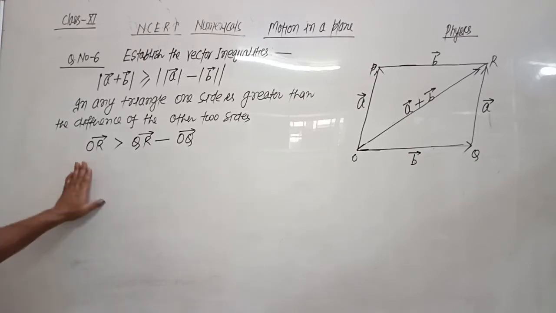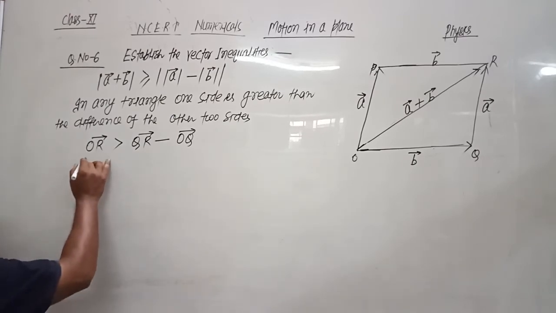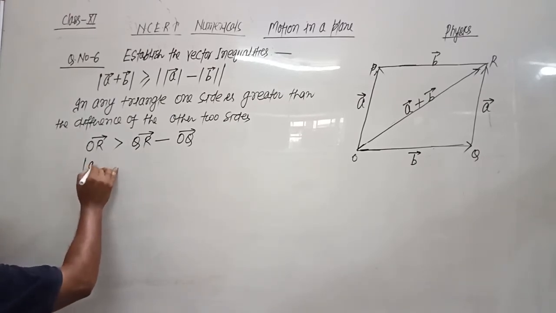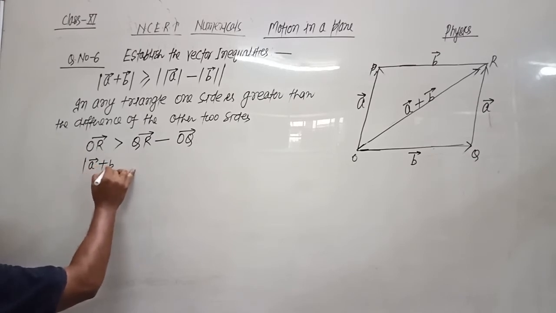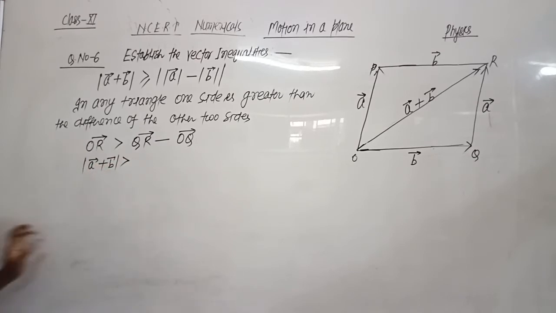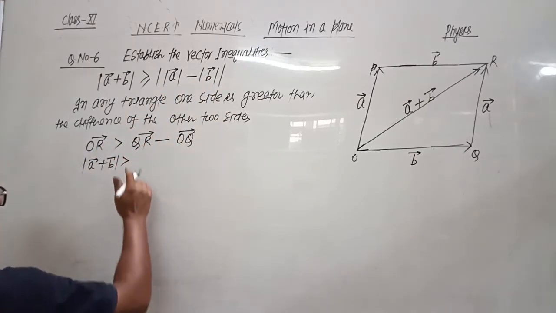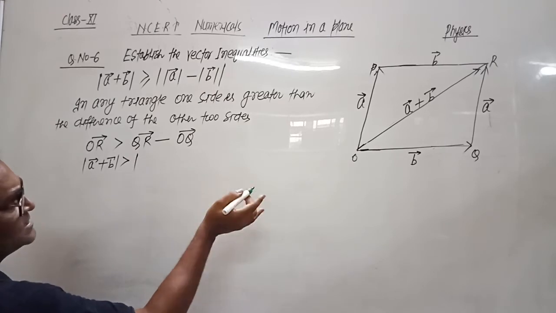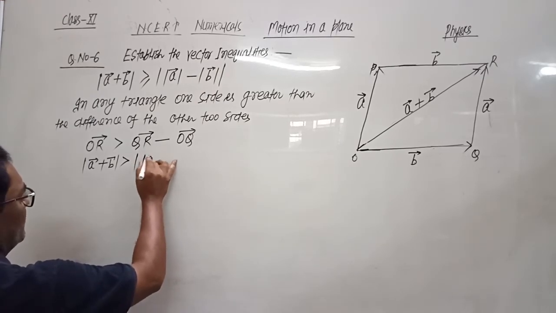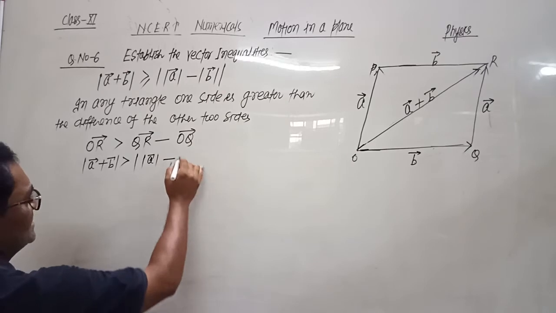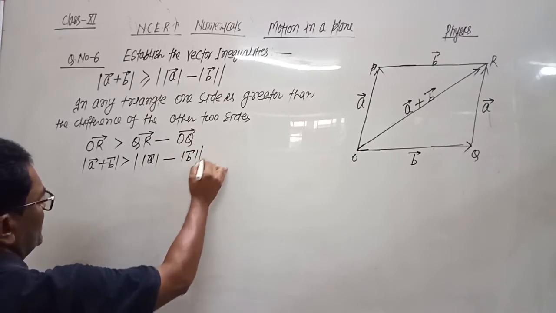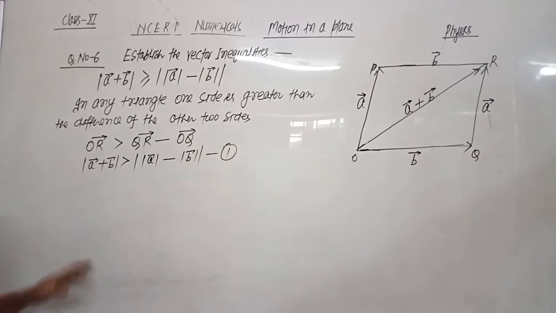Writing OR in magnitude, the magnitude of A plus B is greater than, since there is minus, we will write in double magnitude, the magnitude of QR, which is magnitude of A, minus the magnitude of OQ, which is magnitude of B. This is the first equation: magnitude of A plus B is greater than magnitude of A minus magnitude of B.